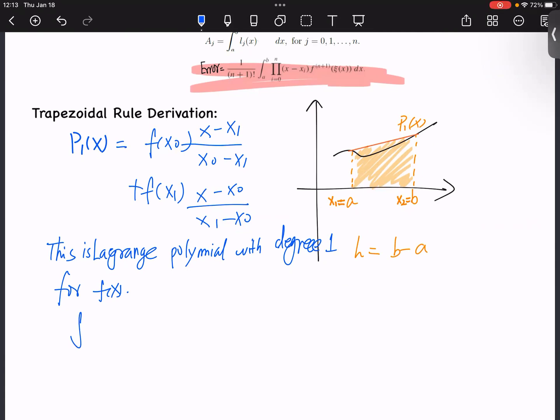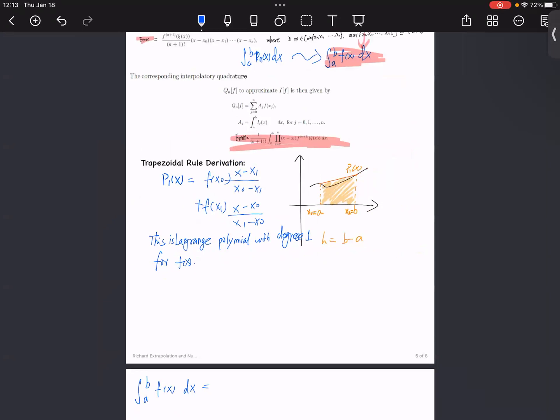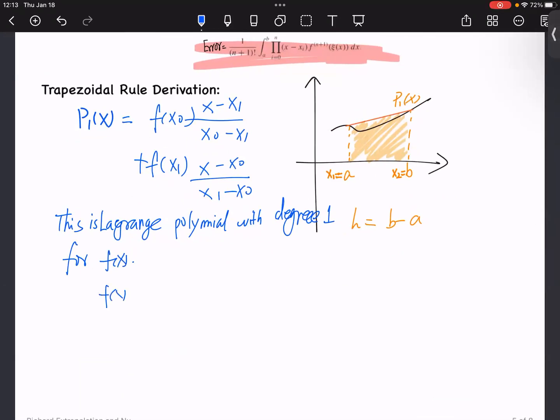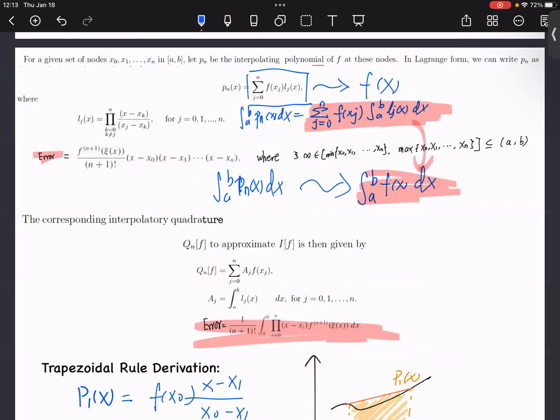So first, f(x) is just P1(x) with the error term, and here we have x0 and x1. For the error term, we are just replacing n with 1 here. So we have 2 factorial in the denominator, and a second derivative in the numerator.